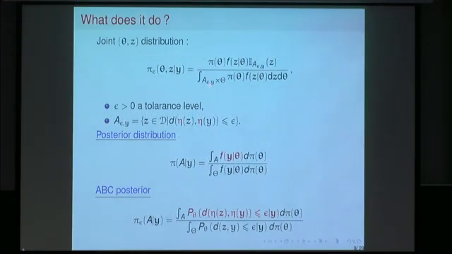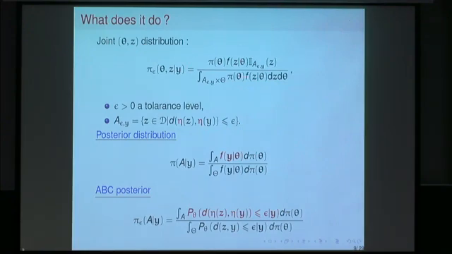So if you do that, then what you're simulating is 2 things, theta and z, and so you have a joint approximate posterior density, which is equal to the prior times the likelihood at z times the indicator of the set for which you have accepted, which means that the distance between eta z and eta y is less than epsilon, divided by the normalizing constant. Okay, so this is not exact.